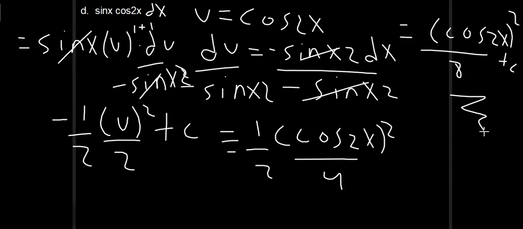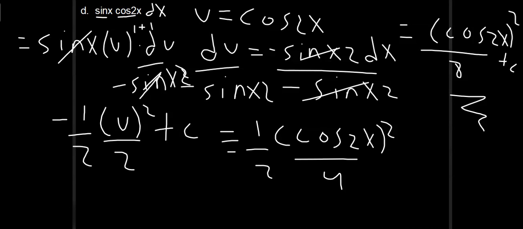You just gotta remember the steps. The first step is you just have to substitute one of the functions. Try to choose wisely. If you look at the process that I did, I chose cos 2x because I wanted to get rid of this sine x. So you have to choose one of the things that you can get rid of some stuff.